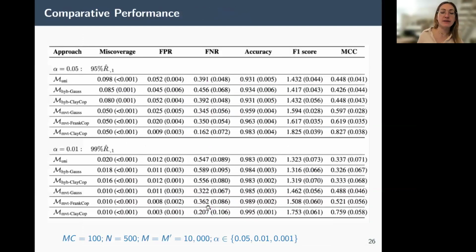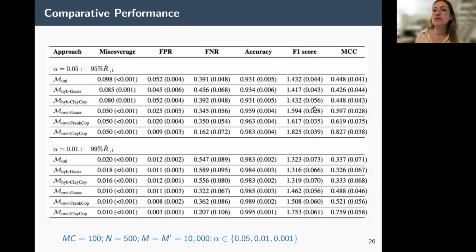Some more intensive simulation studies are reported in these tables. I'm not going to go through all of them. What I want to show you is first the miscoverage. Using a conformal prediction approach, we are guaranteed that the multivariate approaches always ensure a coverage guarantee of the specified level.